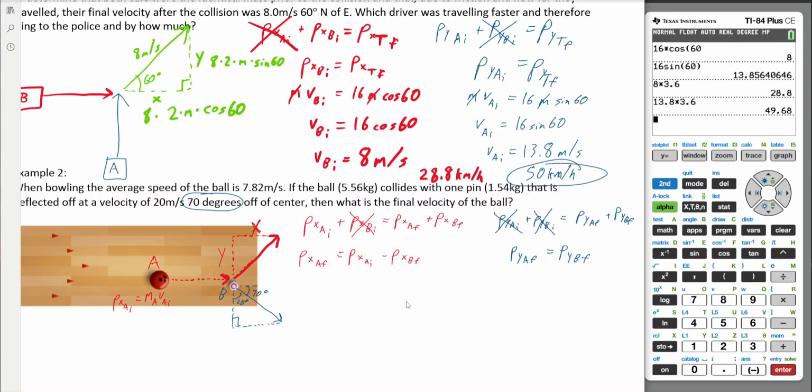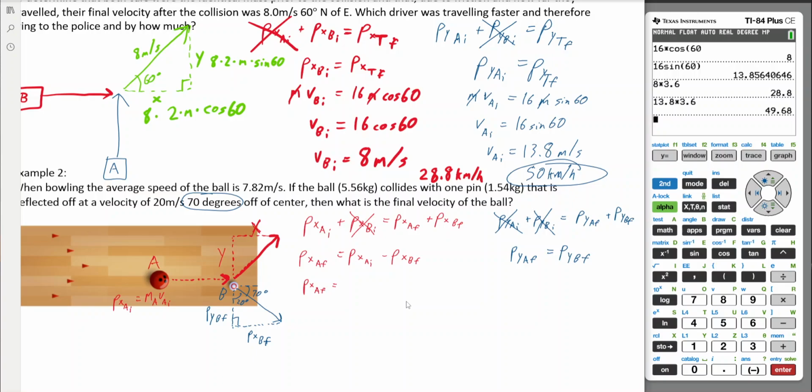That is where that's coming from. Secondly, the PXBF comes from a component of the PBF. PYBF is going to come from the vertical component of that one as well. So let's go ahead and start to plug all these things in.